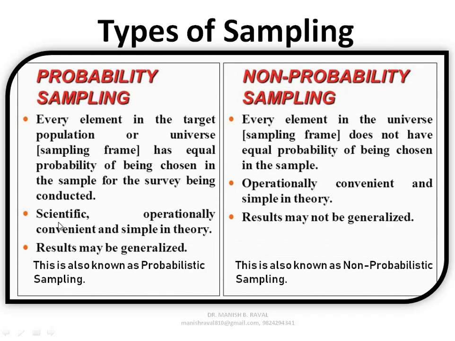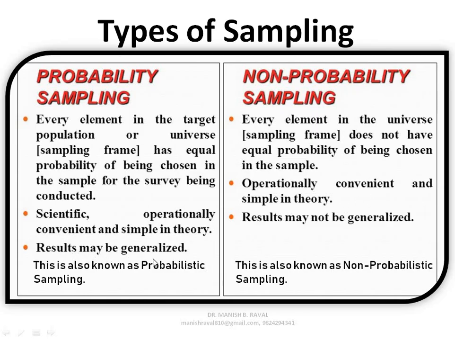Next, this method, that is probability sampling, is very much scientific, operationally convenient, and simple in theory. This is very much scientific because it gives equal chance to all the members of the audience. But on the other hand, non-probability sampling is operationally convenient and simple in theory.